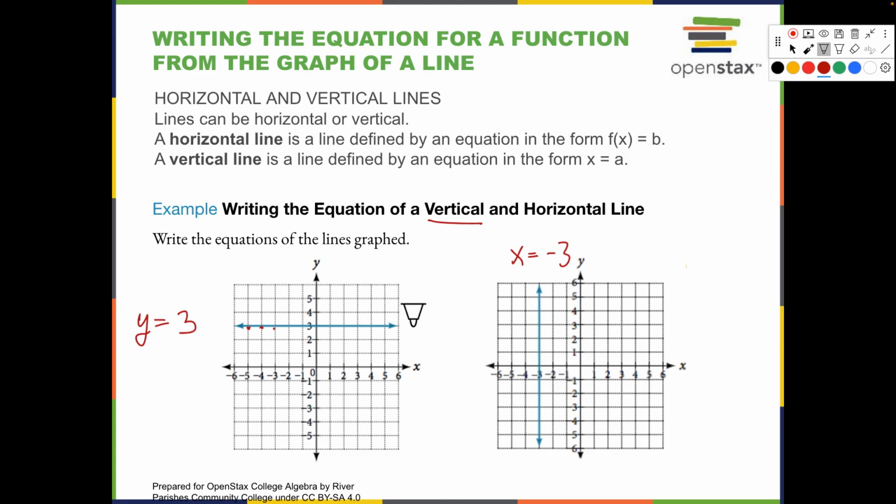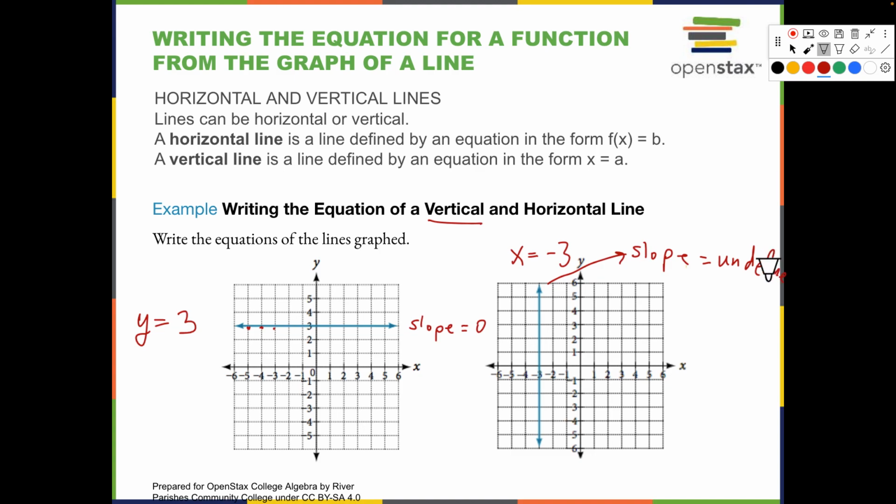And horizontal lines, these have a slope of 0. What about vertical lines? What is their slope? Undefined. Okay, good. Because it would be division by 0, right? Because since x is not changing, so we just call it undefined.